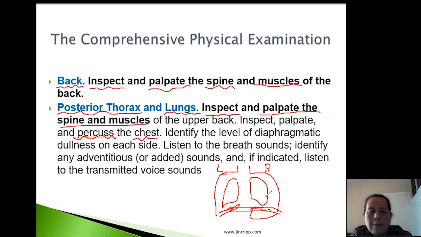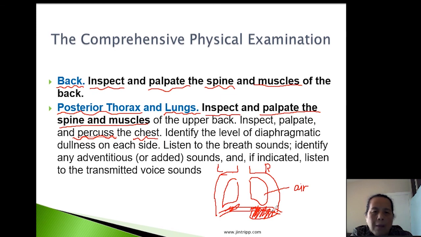The sounds through percussion will be different because the liver is a solid organ, and inside the lungs there is a lot of air. So if we're tapping the patient in different parts, the sounds coming back will be different.